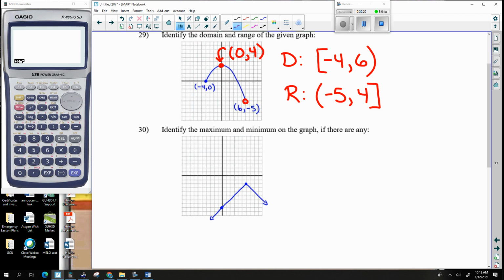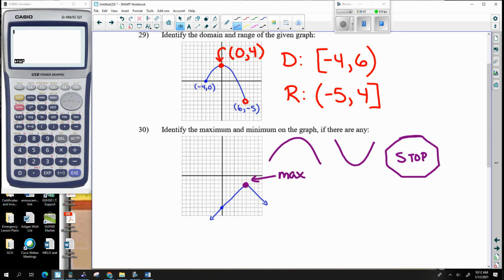Maximums and minimums, what I'm looking for is any tops of mountains, bottoms of valleys, or anything where the picture abruptly starts or stops. Okay. So I have a top of a mountain and nothing else abruptly starts or stops. So that's the only thing. Because it's the top of a mountain, that is a maximum.